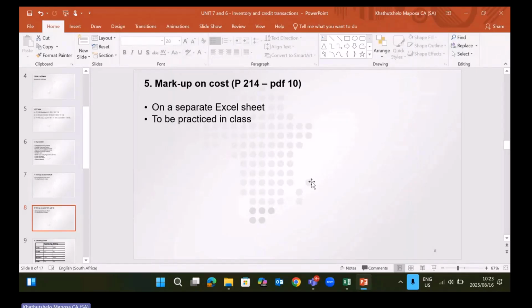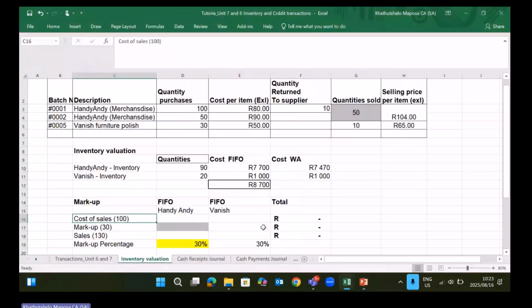In terms of the formula that someone has given us earlier on in the class, cost of sales will be 100%.